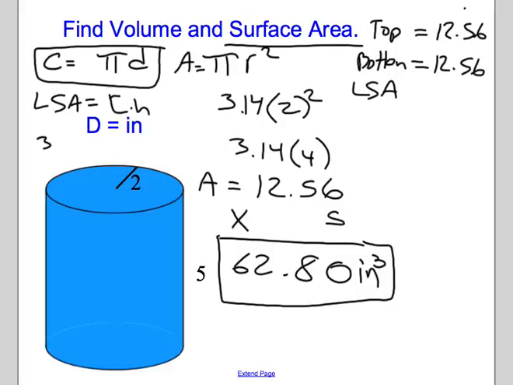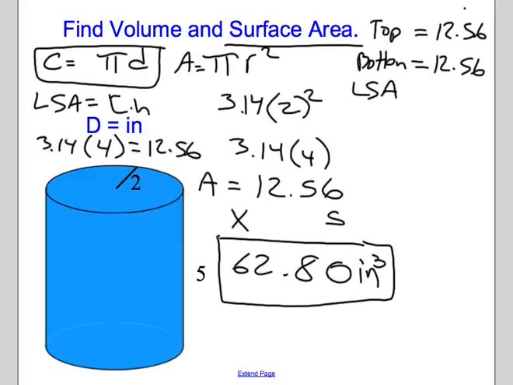That's this formula. So 3.14 times, Kate, if the radius is 2, what's the diameter? 4. Very good. Times 4. And it's coincidental, kids. It doesn't work this way every time. It's just coincidental that the circumference is the same as my area. That doesn't happen except for on a circle that has a radius of 2.